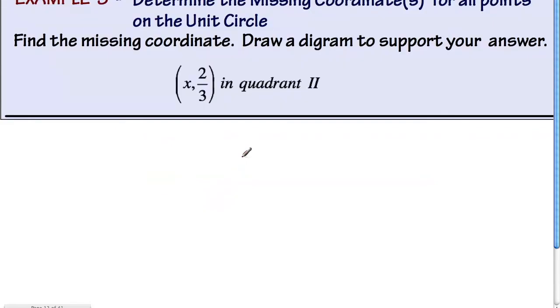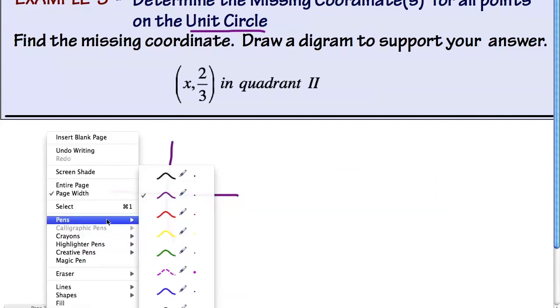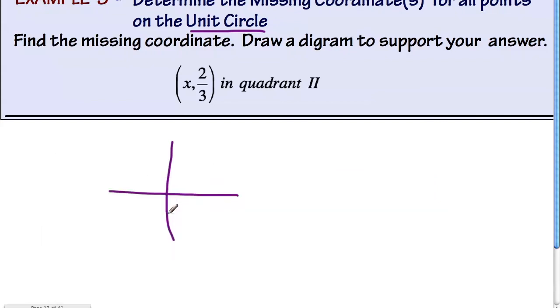All right, now example 3 is we have to determine the missing coordinate for points on the unit circle. So there's that key word, or words, unit circle. The first thing was let's draw a diagram, because diagrams help us a lot. It's visual. So now we know that we're in quadrant 2. So we're in this quadrant right here somewhere, right?